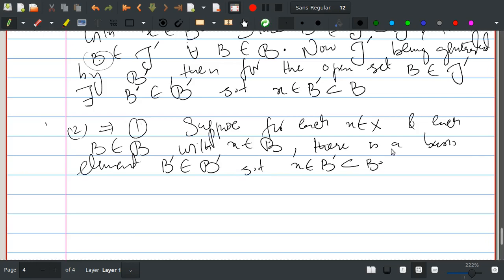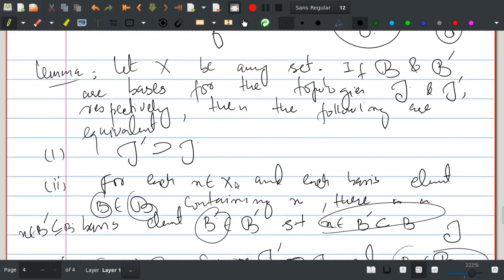So we are assuming the second item, and we have to prove the first item.